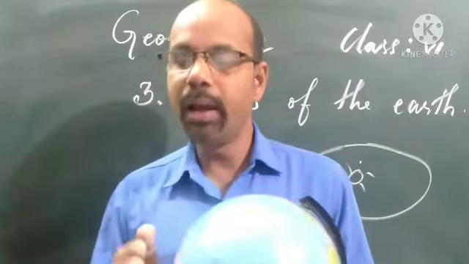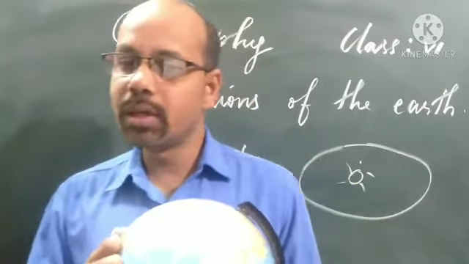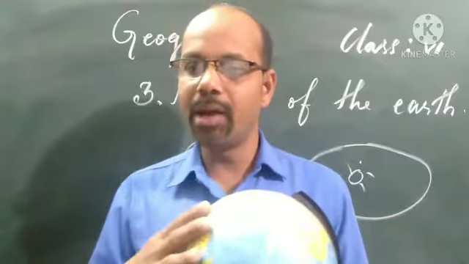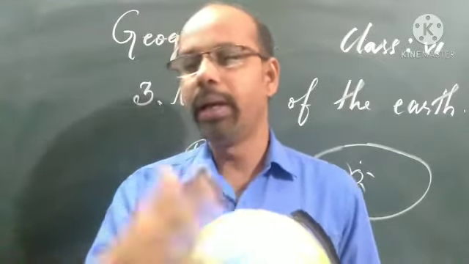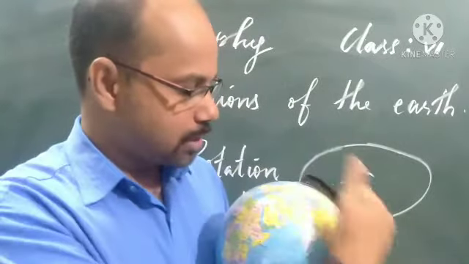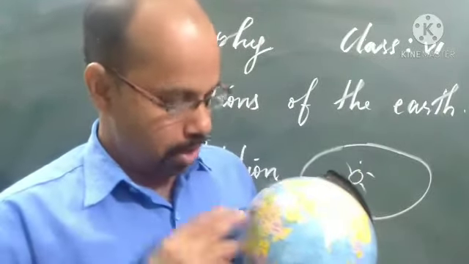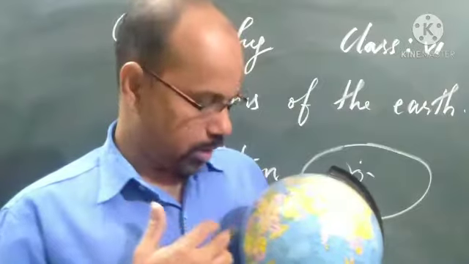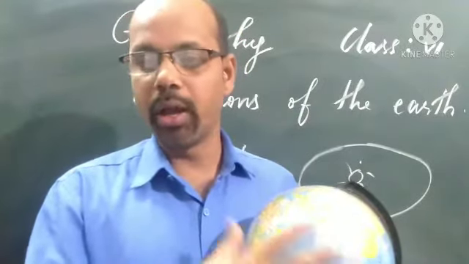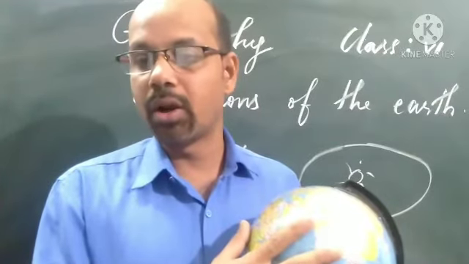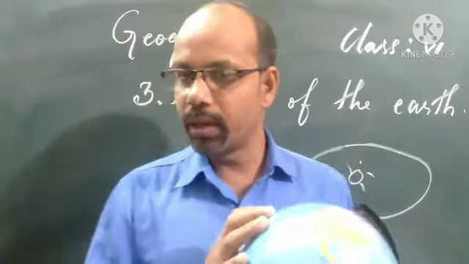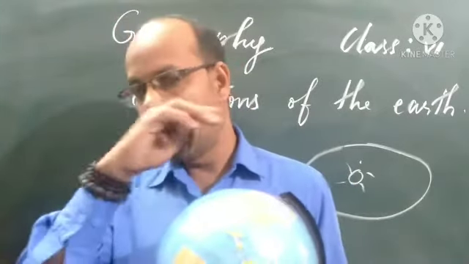The circle that divides the day from the night on the globe is called the circle of illumination, which means we can find this circle, this area, which receives the sunlight. This region is known as the circle of illumination. It rotates so that all parts of the earth at some time receive light also.